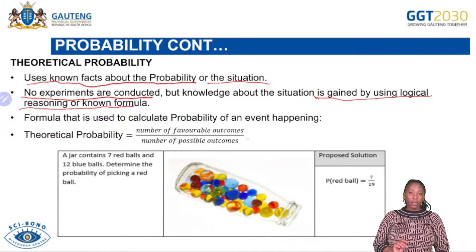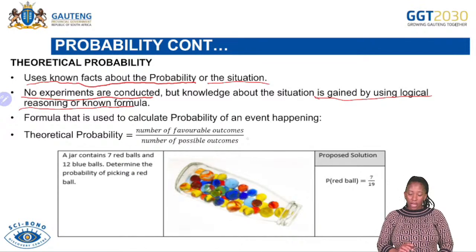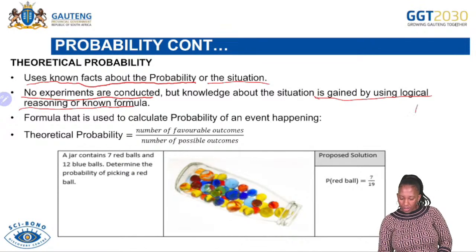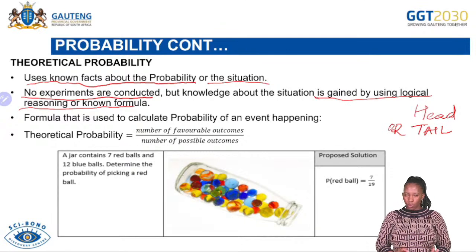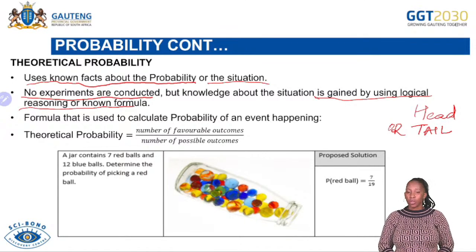Remember when I was talking about tossing a coin. As we toss a coin, we expect what? A head, or we expect a tail. So we are expecting those two when we do what? When we toss a coin.